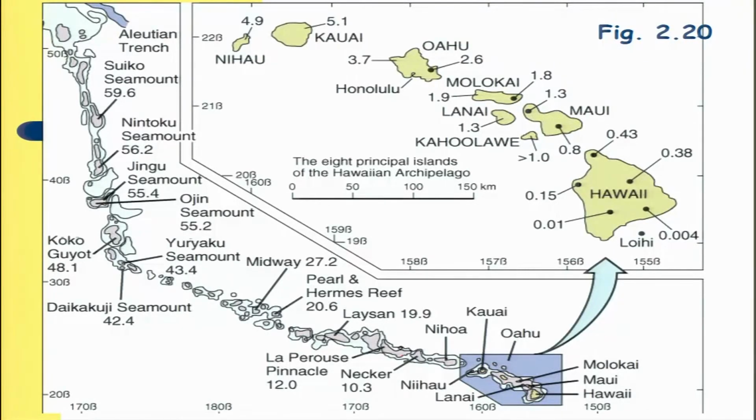This is the island chain in Hawaii, which almost takes a turn over here, and this is the location where you have the most active volcanoes in this region. In 2017, if I am not wrong, there was an active eruption reported from this island.